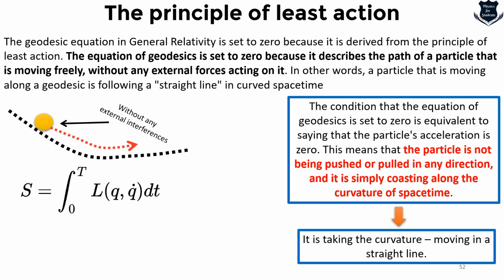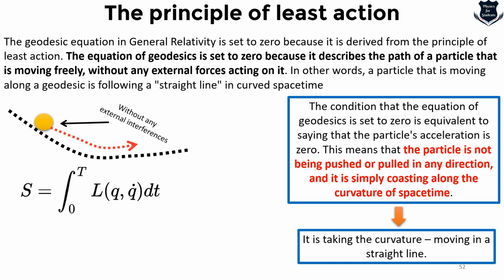So the particle is not being pushed, it is just staying over there, and the curvature is dictating in which way it will move. So it is set to 0 for the simple reason that we get the Lagrangian of the entire history without any external influences, and it takes the least possible path.